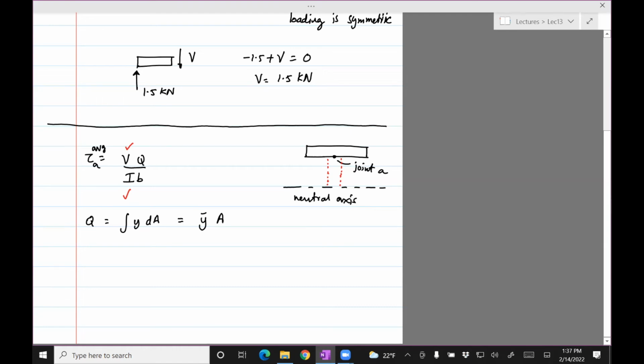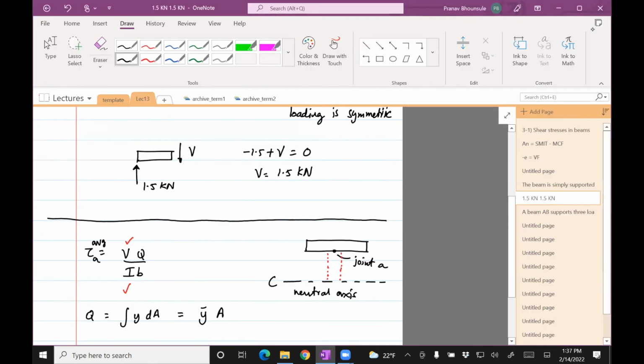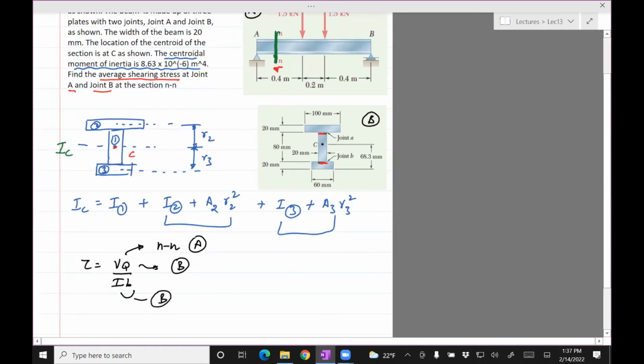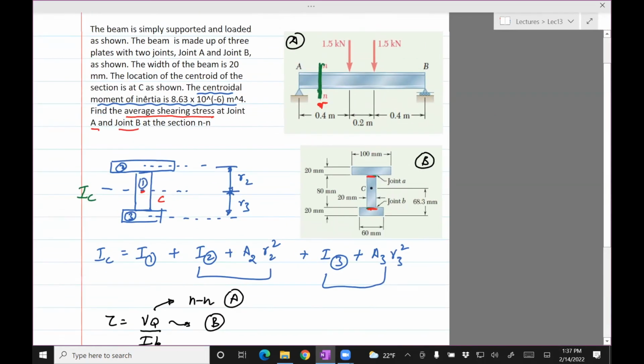That area is the cross-section area, which I've shown in that figure. Yes, C is the neutral axis. For anything which is symmetric about the horizontal, the neutral axis will be right in the middle.